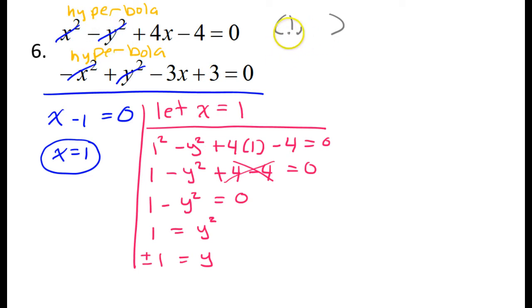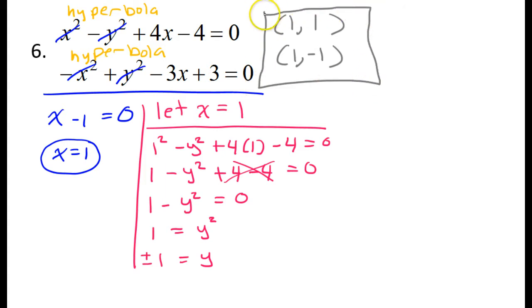So I will have 1 comma something, and I will write another 1 comma something, so I have a place to put both of my y values. So I have y values of positive 1 and negative 1. So this should be my solution set.